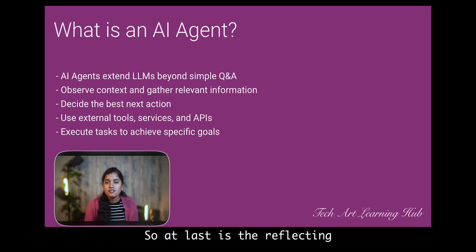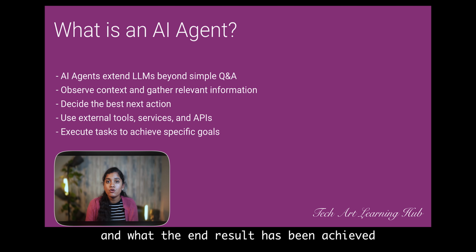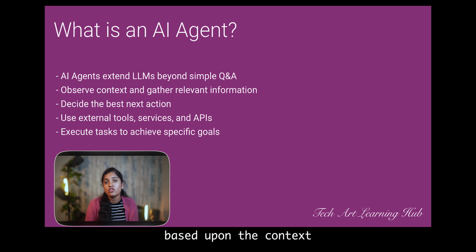At last is reflecting on the results, where the agent doesn't stop at attaining the results, but checks what flow has happened, what actions have been made, and what end result has been achieved. It also checks whether the result is appropriate based upon the context it has observed. Based upon that feedback, the agent adjusts its next steps so that it can make better decisions further.